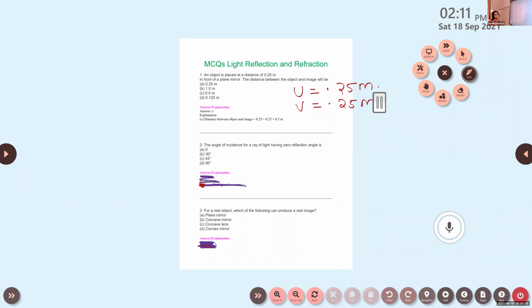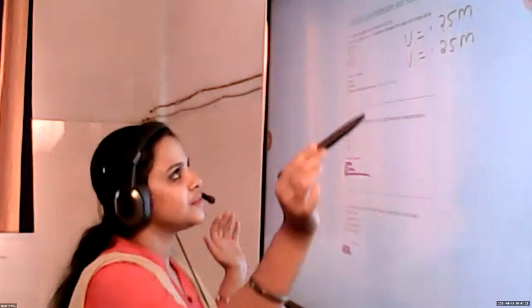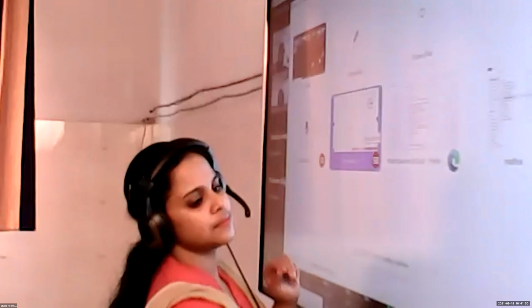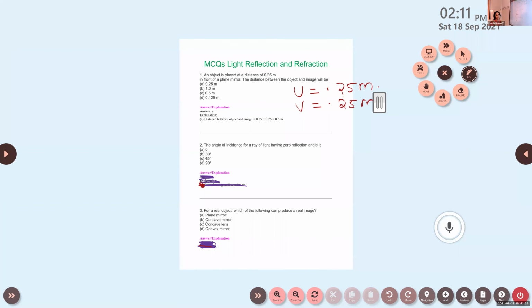So u plus v is equal to 0.5 meter, the total distance between image and object. The object distance is 0.25 meter, the image distance is also 0.25 meter, so the total distance between the object and image is 0.25 plus 0.25, which is 0.5 meter.